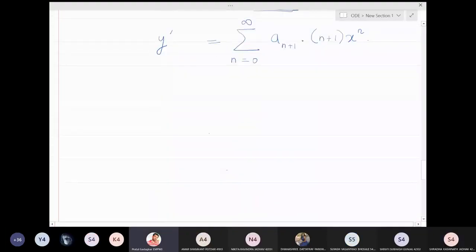So if y is the summation of a n x raised to n going from 0 to infinity, then we will find an expression for y double dash, and that expression of y double dash will be such that it will involve x raised to n in its summation.